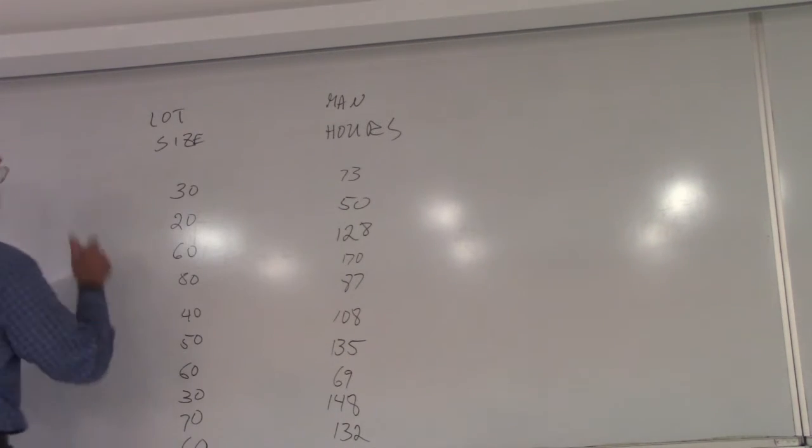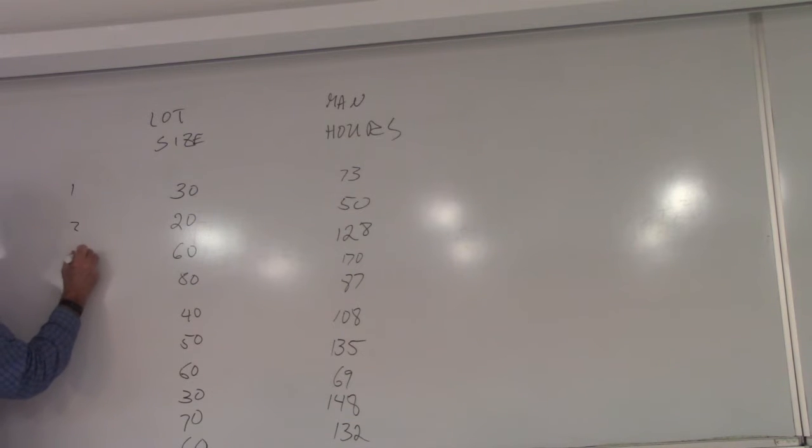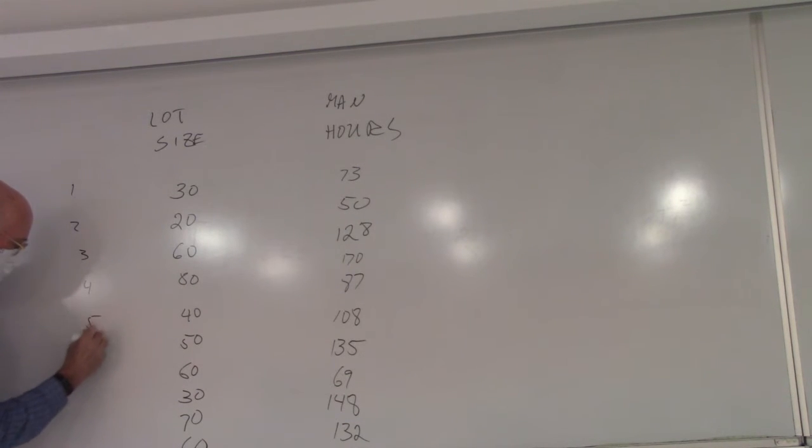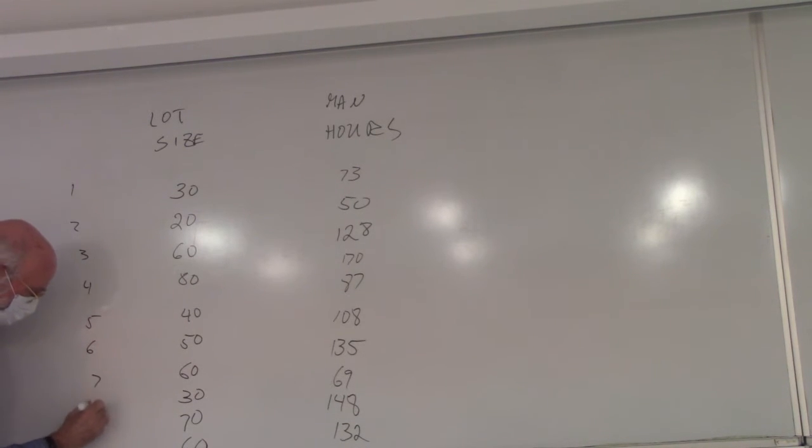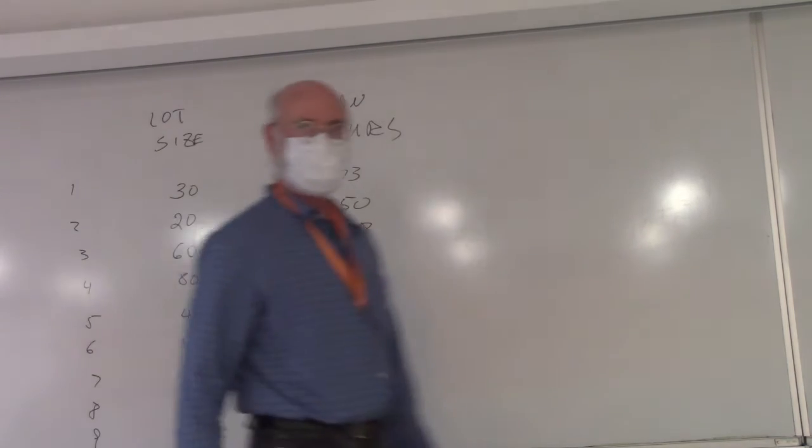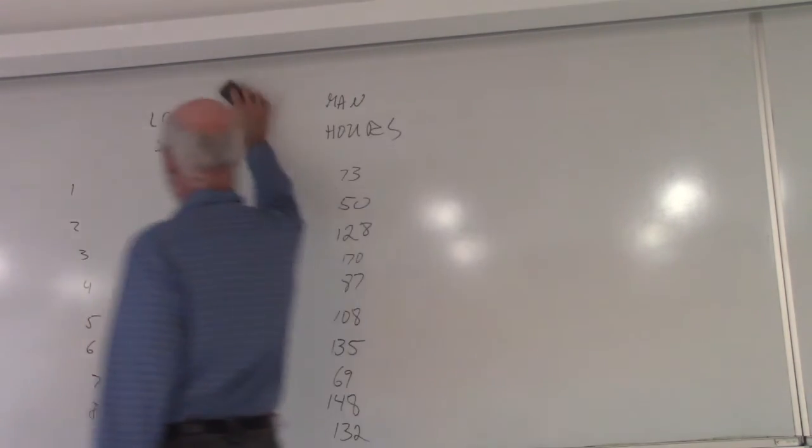There's the lot size. This is production run 1, 2, 3, 4, 5, 6, 7, 8, 9, 10. Ten production runs. Here's how big the order was, and there's how many man hours it took to complete the order. All right, so the first step in all of this is let's make a scatter diagram of what those points look like.